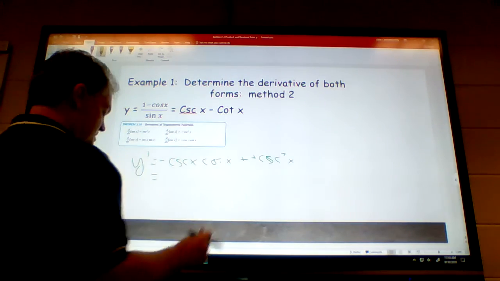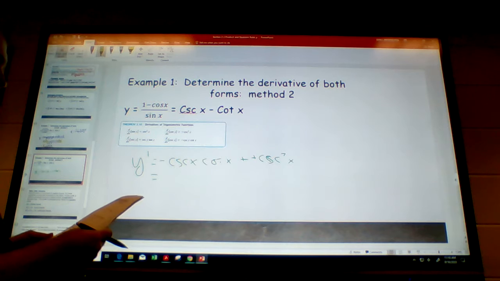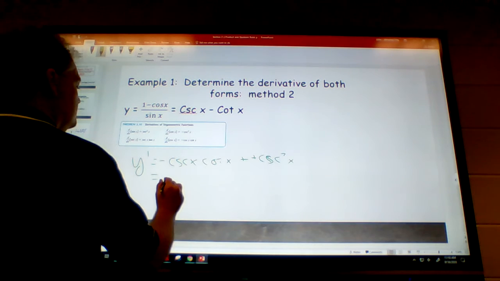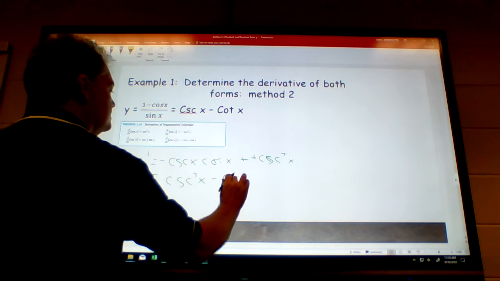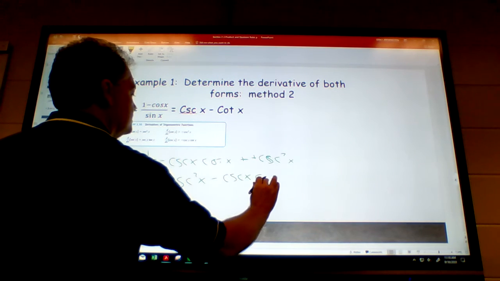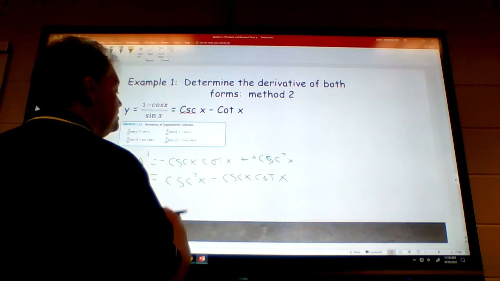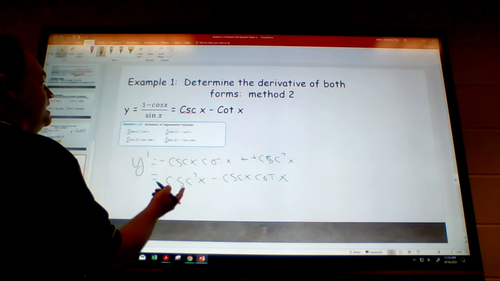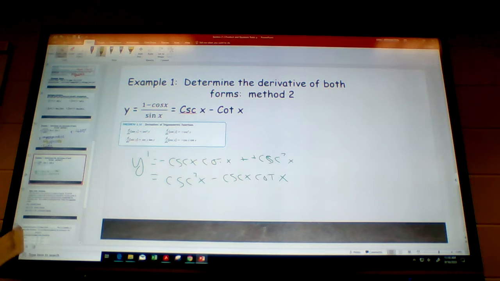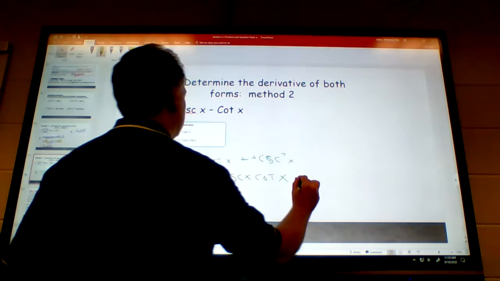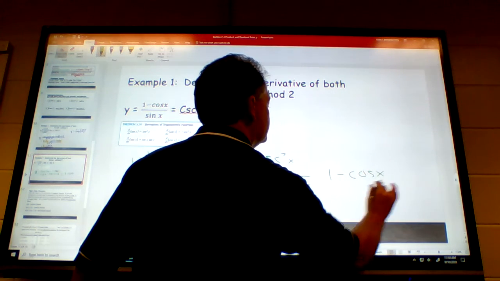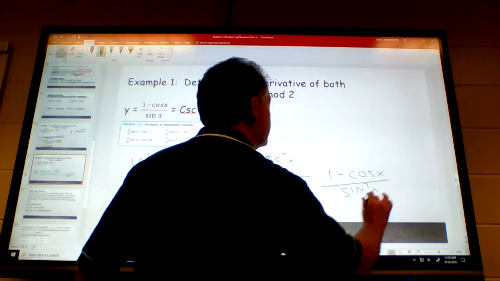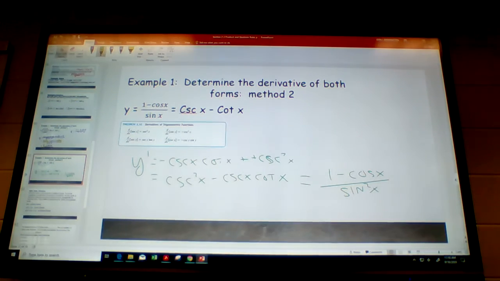Minus negative becomes plus. That's cosecant squared x minus cosecant x cotangent x, which, if you do the algebra, you will see is exactly 1 minus cosine of x all over sine squared x. Those two are equal. However you go about doing it, it'll work just fine.